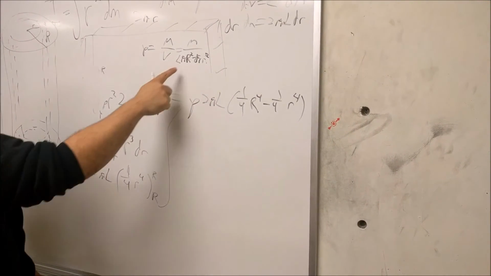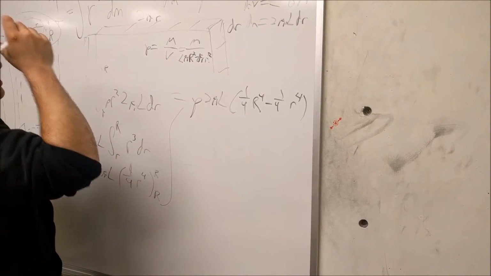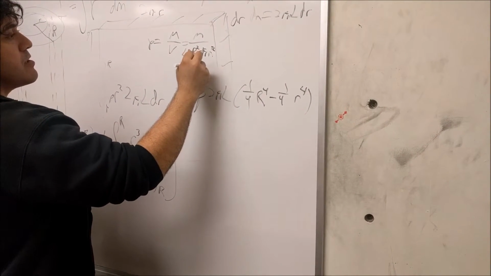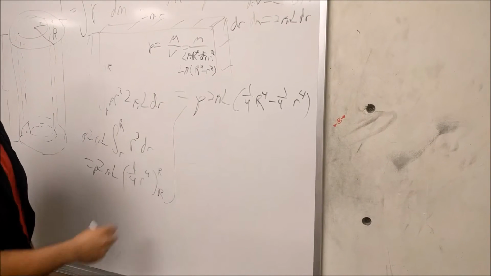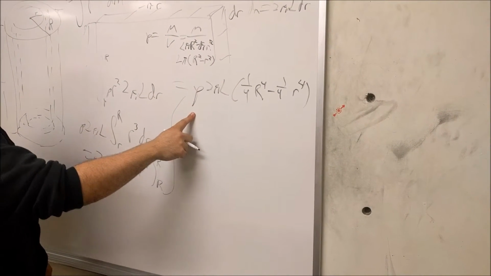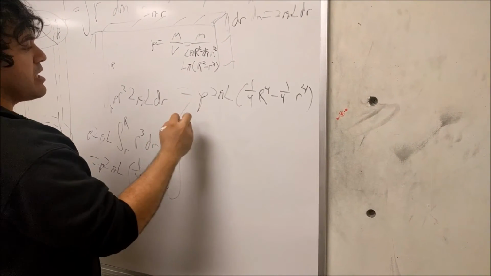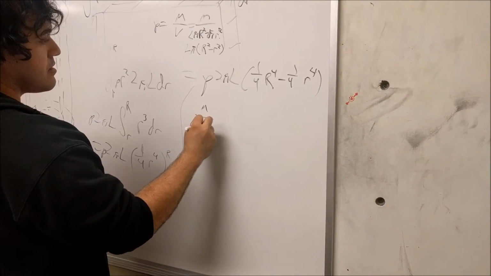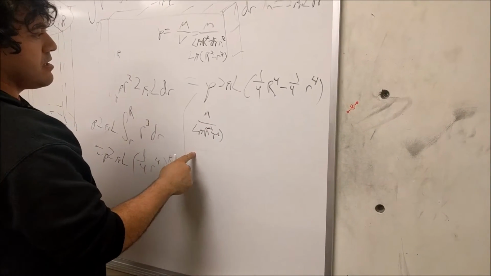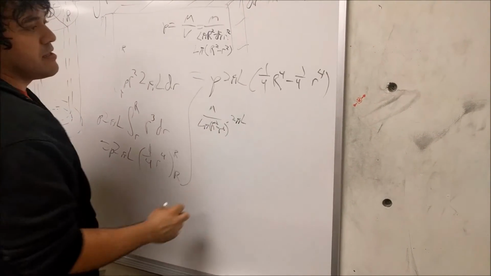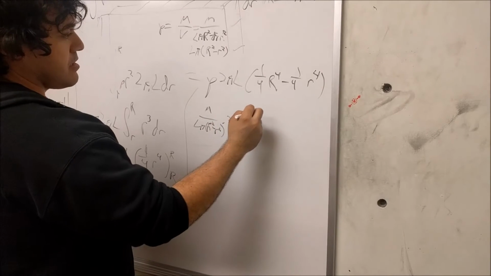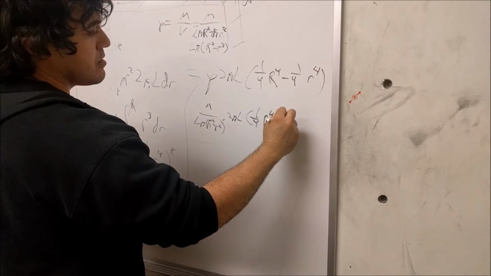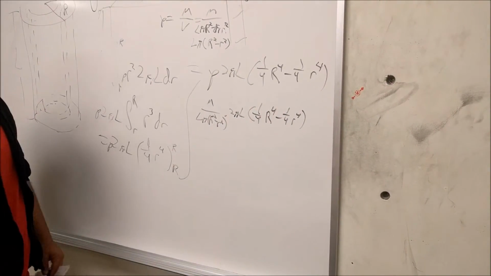Right? So then we're going to factor out the L pi. So we have L pi times big R squared minus little r squared. So we plug this into rho. So we're going to have mass over L pi times big R squared minus little r squared, times 2 pi L, times 1/4 big R to the fourth minus 1/4 little r to the fourth.